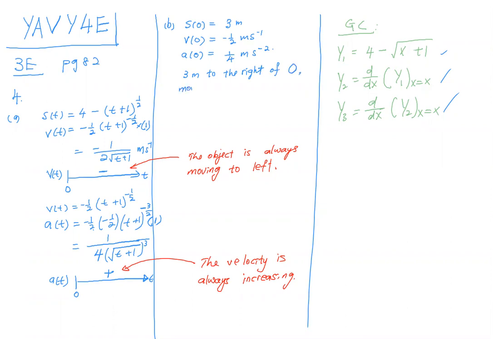Moving to the left, at what speed? Half meter per second. With acceleration of 1/4 meter per second squared.